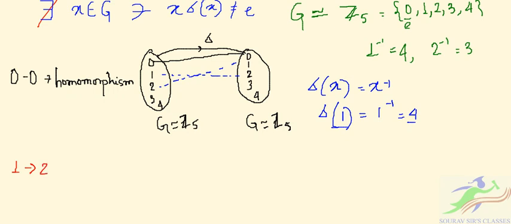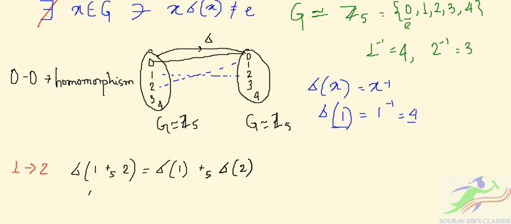If 1 is mapping to 2, we can write sigma of 1 plus modulo 5 2 as sigma of 1 plus modulo 5 sigma of 2, right?